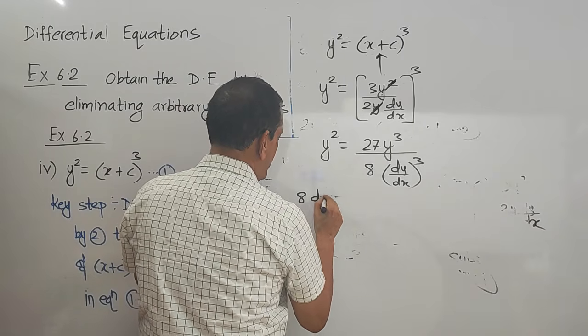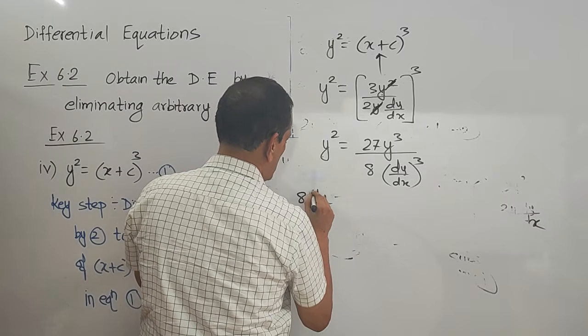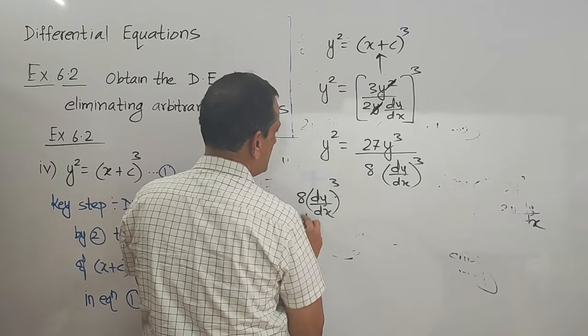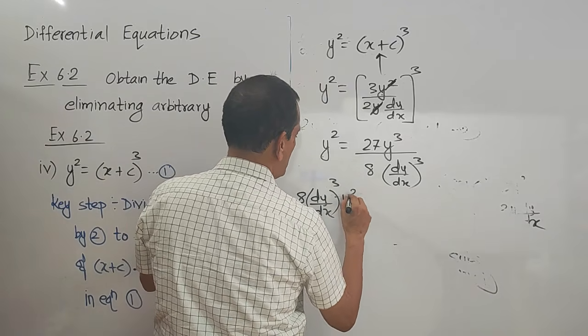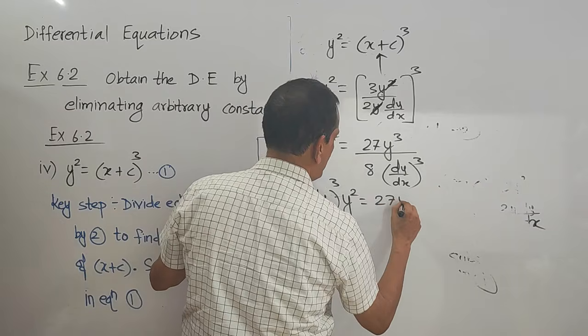So 8 (dy by dx) bracket cube y squared is equal to 27y cube.